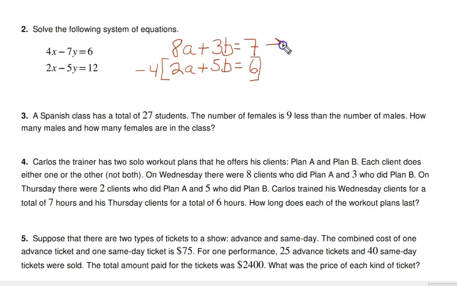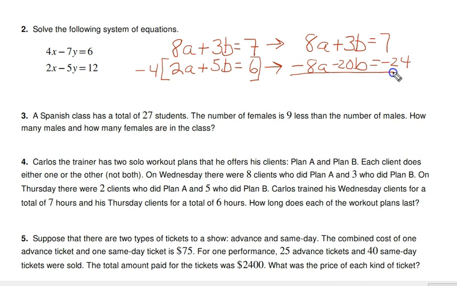So again, putting that on the left, and now you're just copying this equation. Sometimes you may need to modify both equations, but so far we only had to do one. So this will be a negative 8a. This will be a negative 20b. And this is going to be a negative 24.